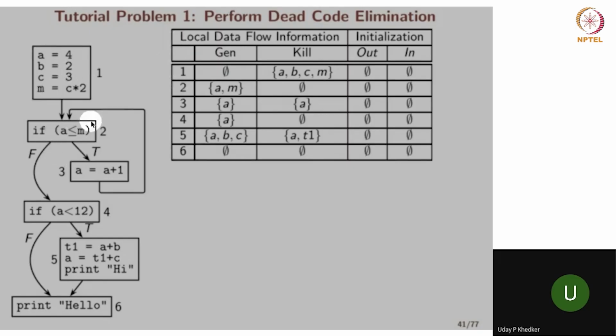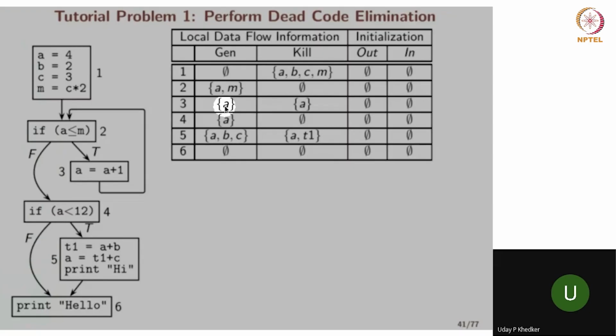In the next basic block, kill is the empty set. Can someone tell me why kill is empty here? There is no definition, right? There is only a read of a variable. So we have gen as A comma M and kill is the empty set. In this particular basic block, both gen and kill contain A. Does it make sense?